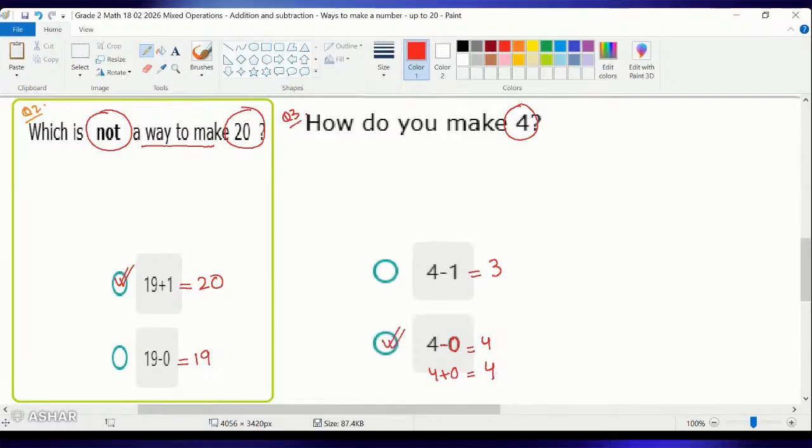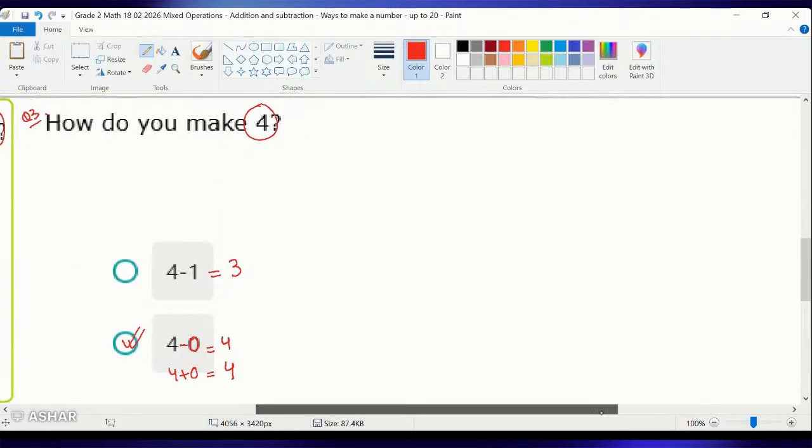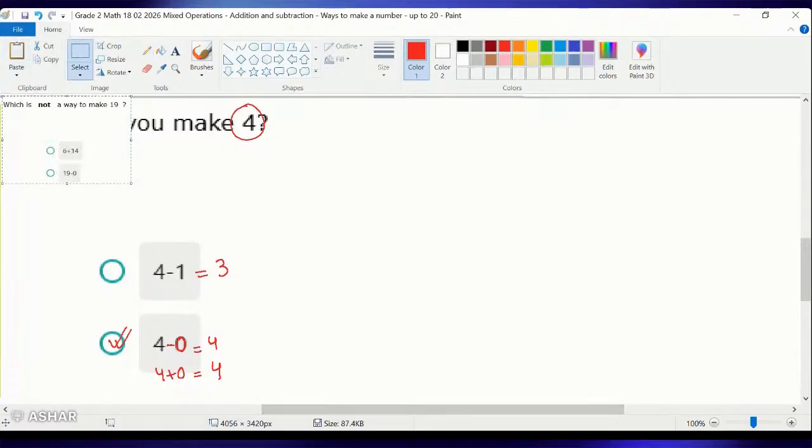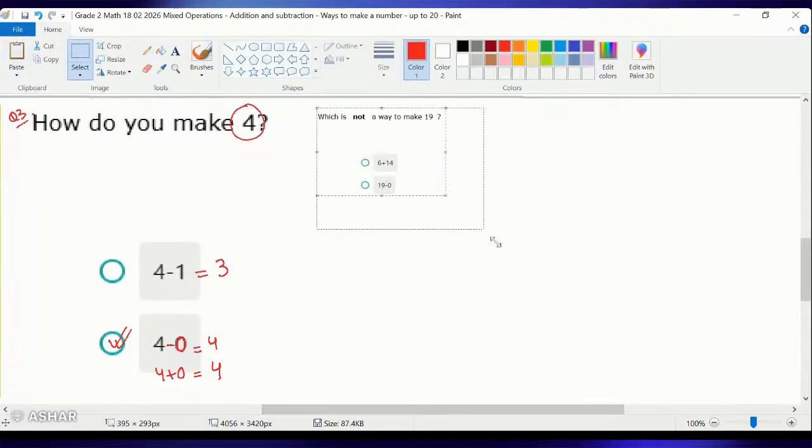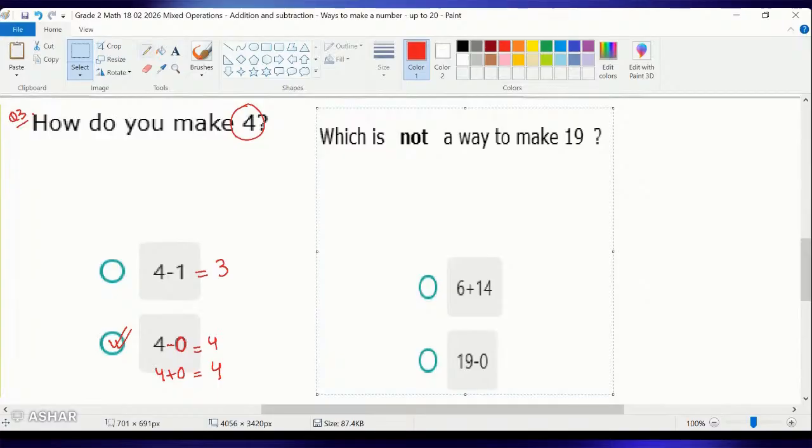Let's try another question. For the next question, it says, which is not a way to make a 19? They're saying not a way. So we need to find a way that is not equal to 19.